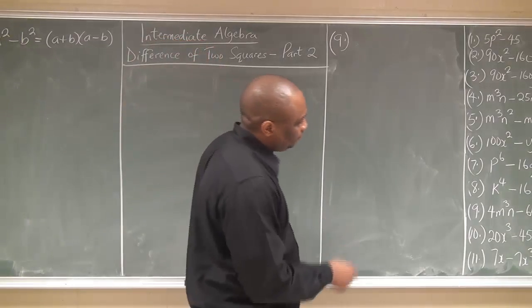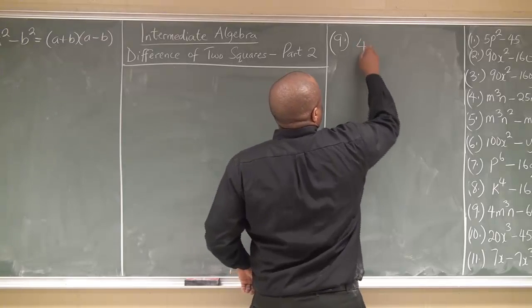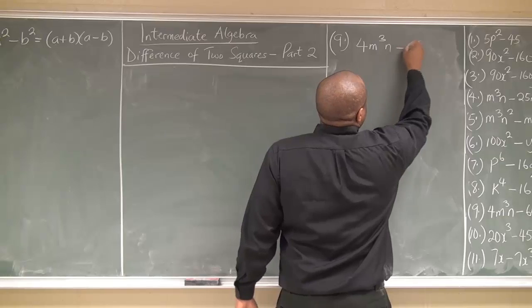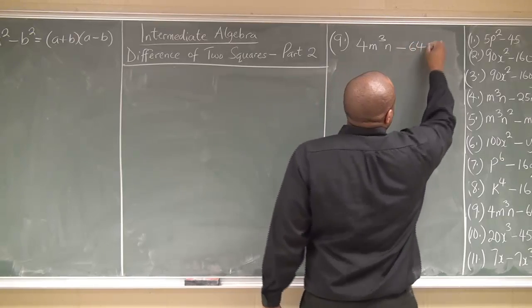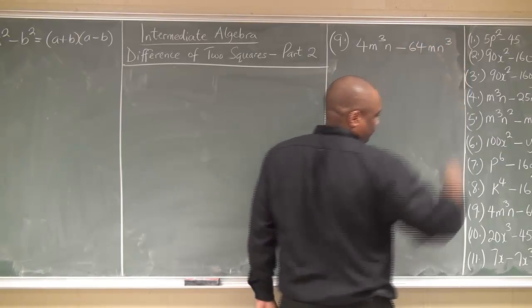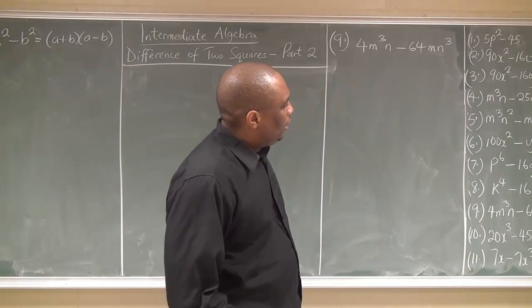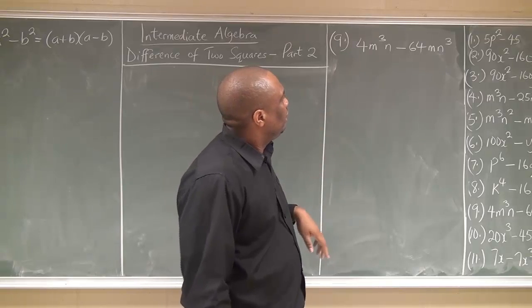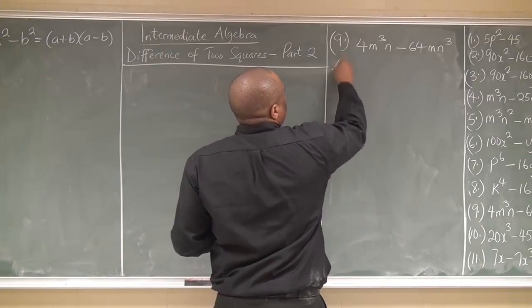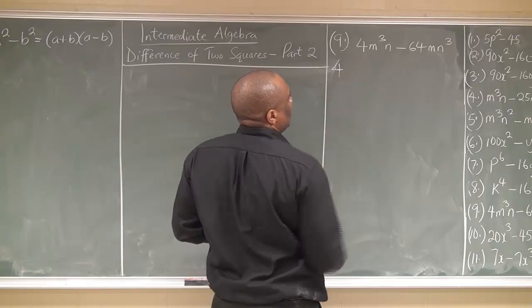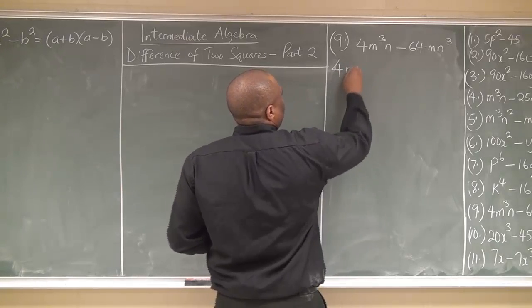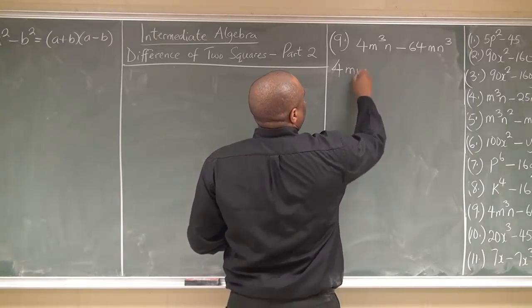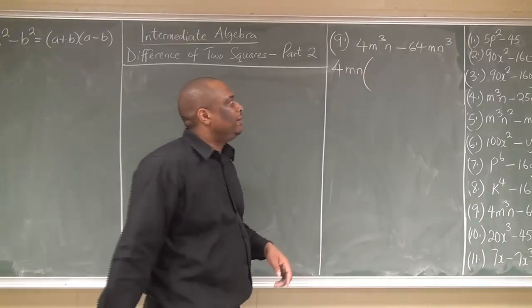Question 9. We have 4m cubed n minus 64mn cubed. So what is the GCF here? Of course, we have 4 for the numbers, then m, and n. 4mn is the GCF.